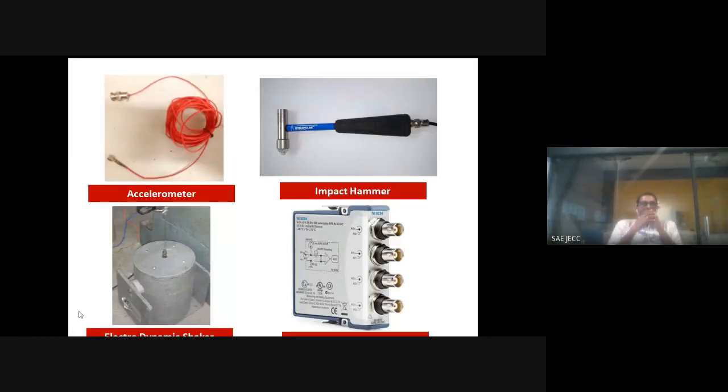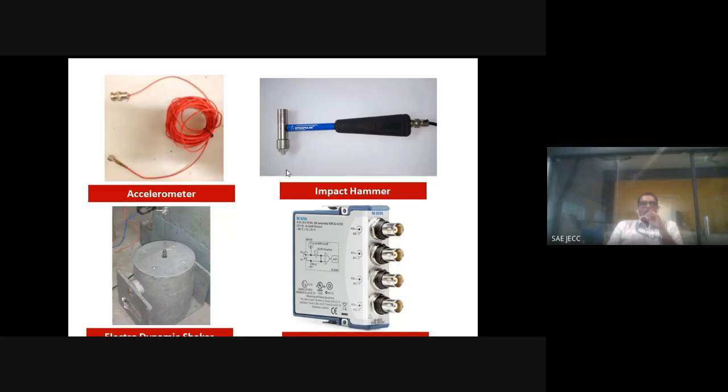Now, what are the requirements you need if you want to really conduct an experiment on vibration? First of all, I already told you that there should be an accelerometer to pick up the response, that is mounted on the structure we are analyzing, and the other end will be connected to a DAC system. So there should be some DAC to connect to this signal processing unit.